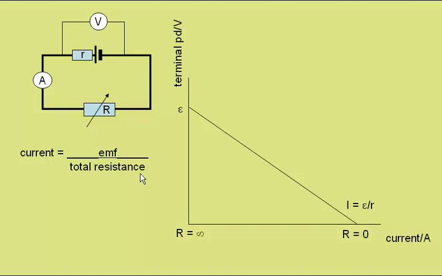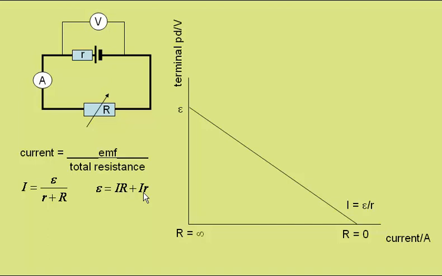This is the resistance in the circuit plus the internal resistance of the supply. We can write this as current is equal to EMF over internal resistance plus load resistance. Rearranging this, we can say that the EMF of the supply is equal to the current multiplied by the external resistance, or load resistance, plus the current multiplied by the internal resistance.